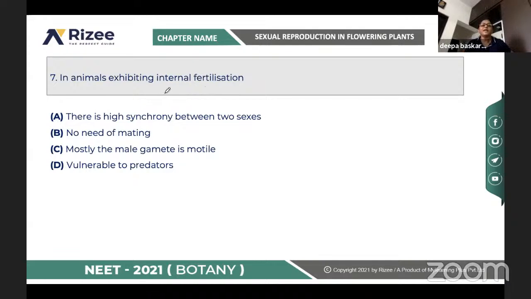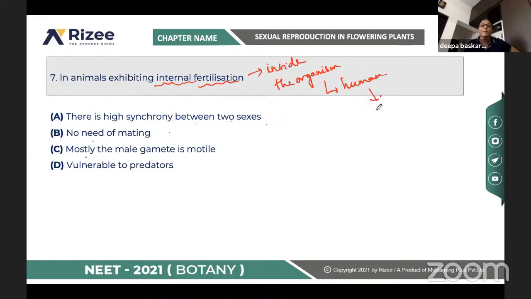7th question, in animals exhibiting internal fertilization, there is high synchrony between the 2 sexes, no need of mating. Mostly the male gamete is motile, vulnerable to predators. In animals exhibiting internal fertilization, the fertilization occurs inside the organism. For example, a human being. So for internal fertilization, we can take human as an example.